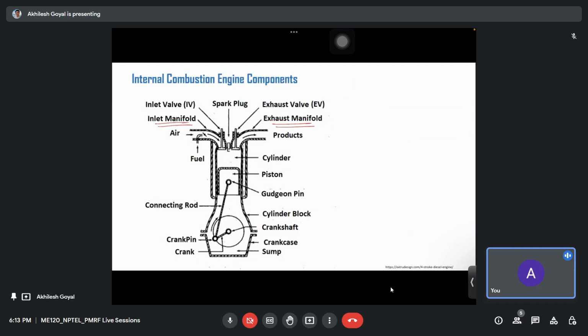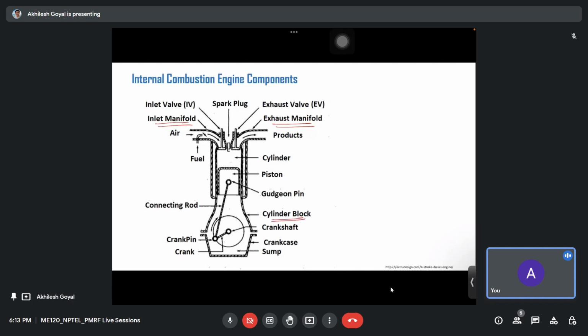Okay, and at the inlet manifold there is an inlet valve that opens and closes according to the cycle, and at the exhaust manifold there is an exhaust valve that also closes and opens following the particular cycle. Okay, and there is the engine cylinder block.